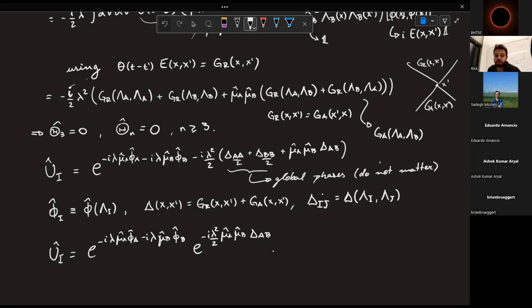That's the unitary that will be affecting our qubits. And then, of course, we would have to trace over the field and do everything there. I'm not going to do this. The partial tracing and everything like this will be in the notes.